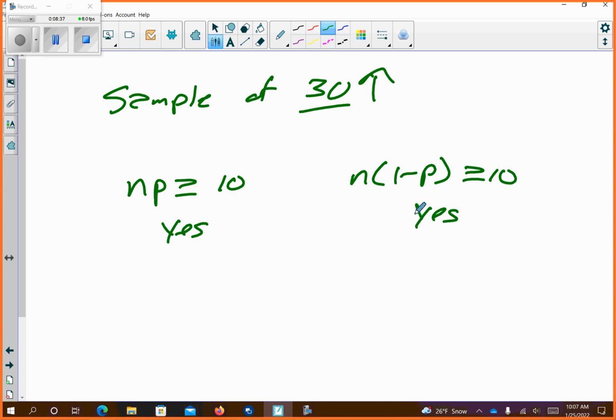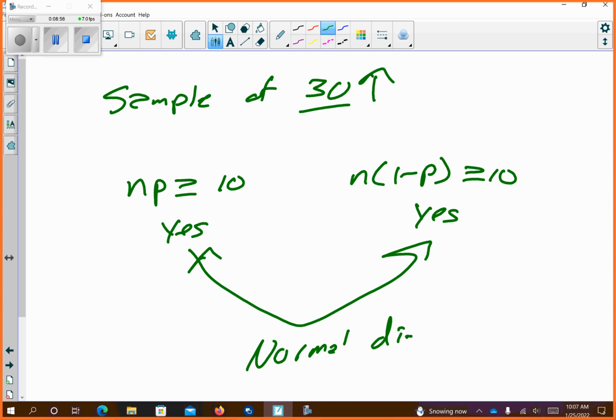So if the sample size is large enough, the assumption is met if both the following are true. Otherwise, sampling distributions of proportions are more skewed. So if these are both true, this means we are able to create a normal distribution.